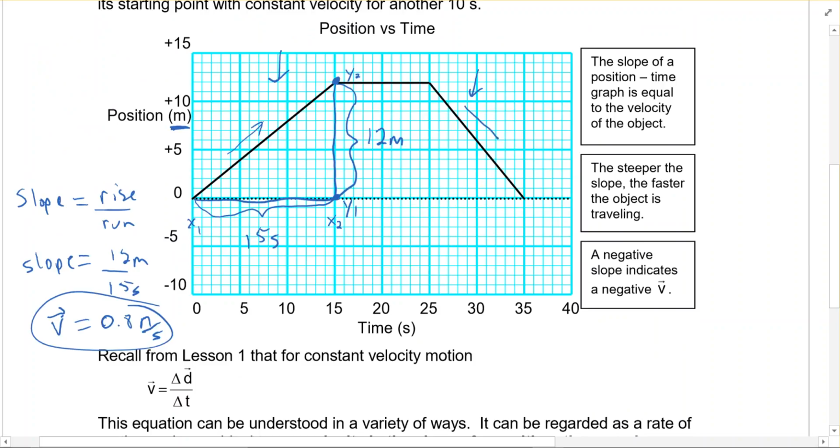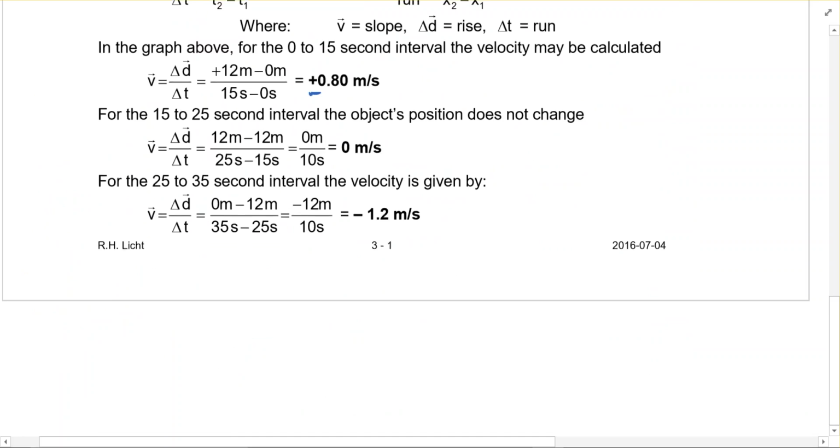Negative slope would mean that the slope is going down. Now, just as a bit of review, what does a positive slope mean? What does a positive velocity mean? Well, it just means that it's going to the right or up or whatever we made our reference be. Okay, moving on down.